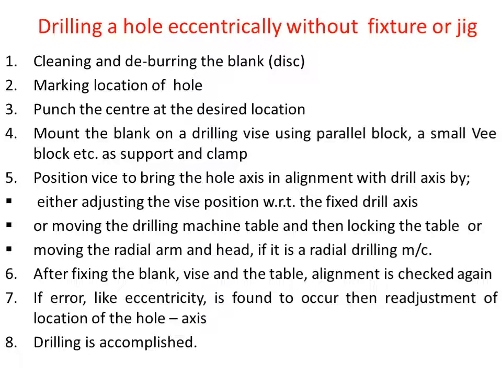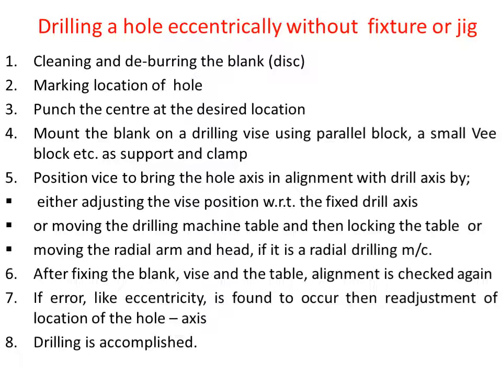After marking that distance, we have to position the vise to bring the hole axis in alignment with the drill axis. Either adjusting the vise position with respect to the fixed drill axis, or moving the drilling machine table and then locking the table, or moving the radial arm and head if it is a radial drilling machine.